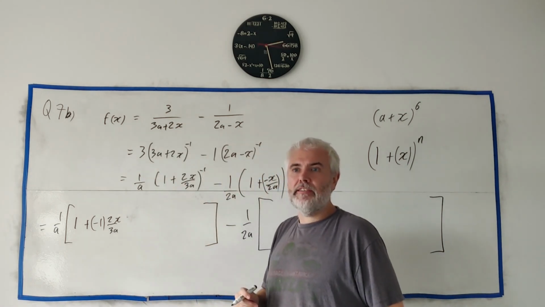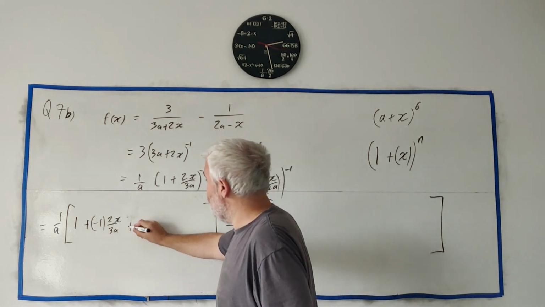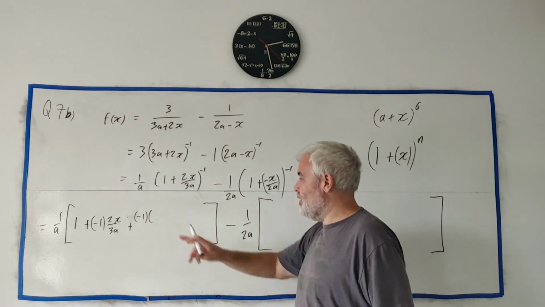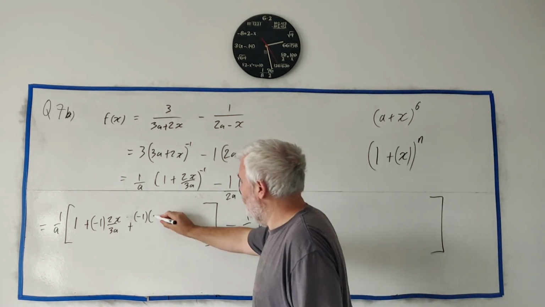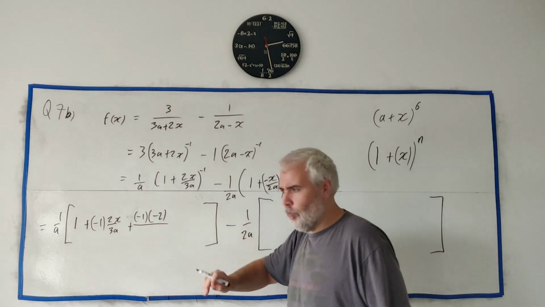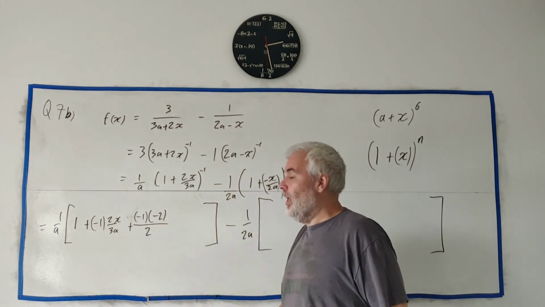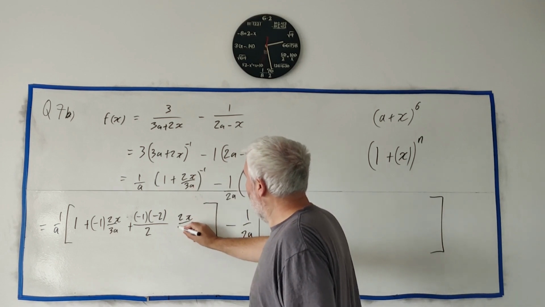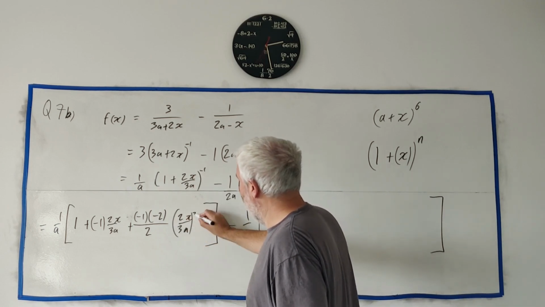Then plus n, which is minus 1, multiplied by n minus 1, that's minus 1, take away another 1, it's minus 2, divided by 2 factorial, that's 2 times 1, which is just 2, multiplied by x squared, so that's 2x over 3a, and all of that is squared.